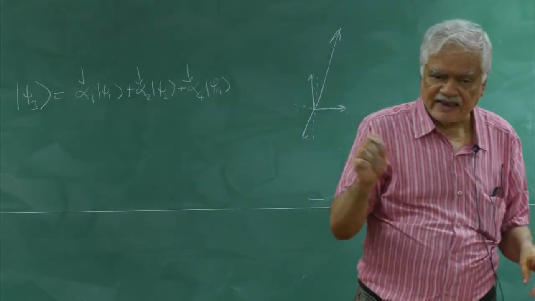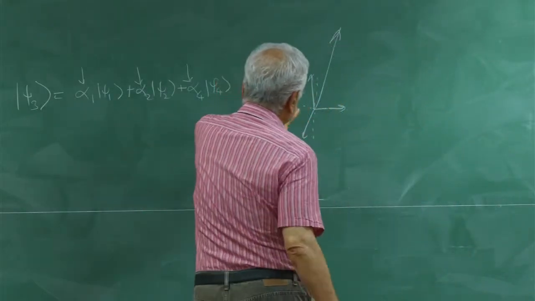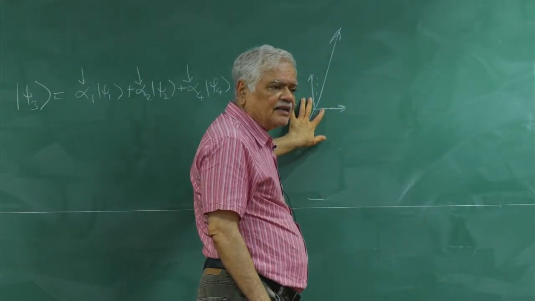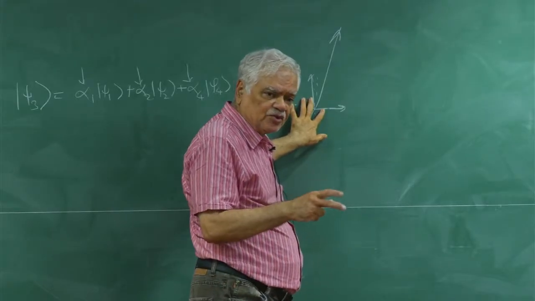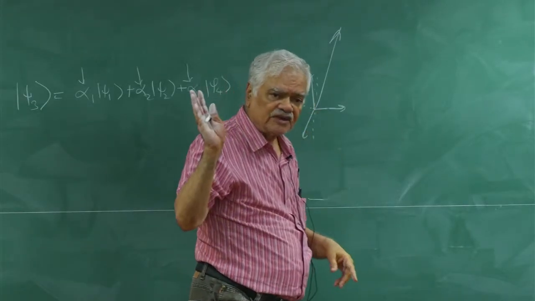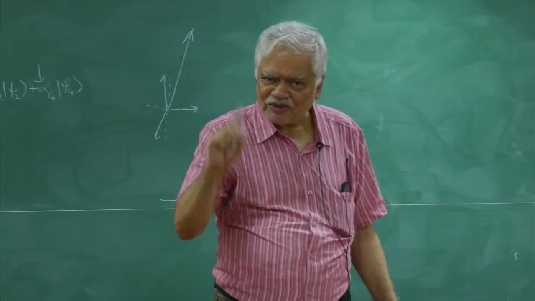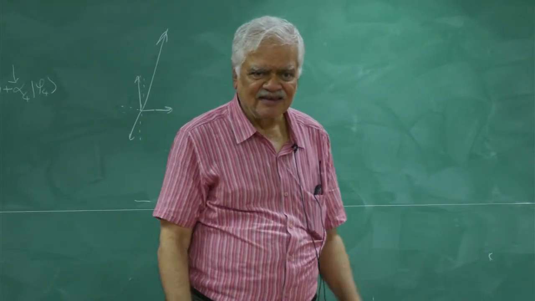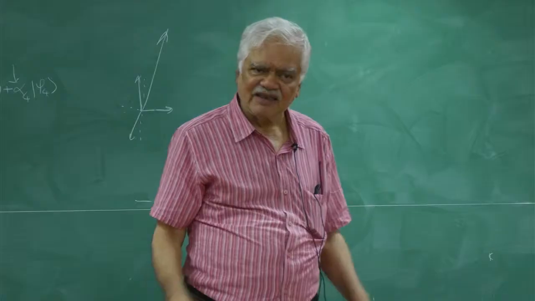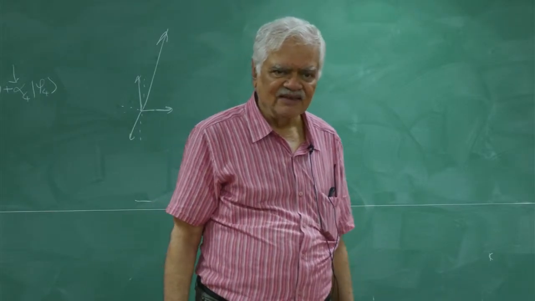Because if I take a linear combination of these two, for example, I will get a vector in the plane spanned by these two. But the third vector is out of this plane, so it cannot be written as a linear combination of these two. So these are linearly independent and this is a basis. Okay, fine.